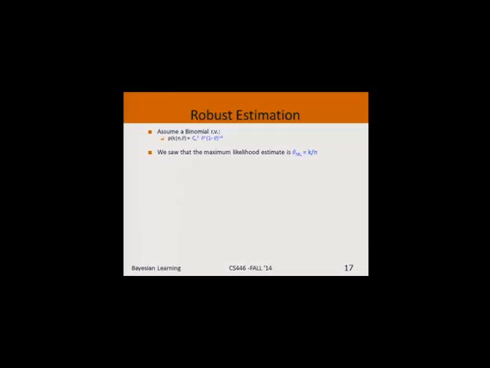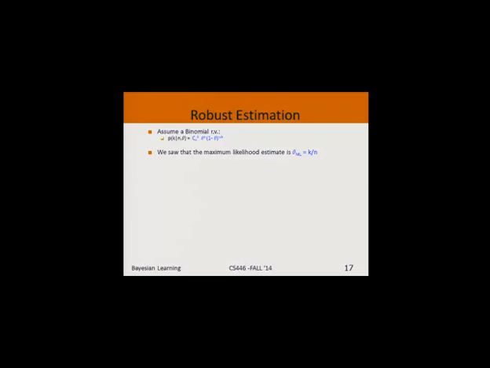So remember that we are talking about this binomial random variable, and the probability of observing k heads out of n tosses when the head parameter is theta is this. And we used this before in order to determine the most likely value of theta. We did it last time.